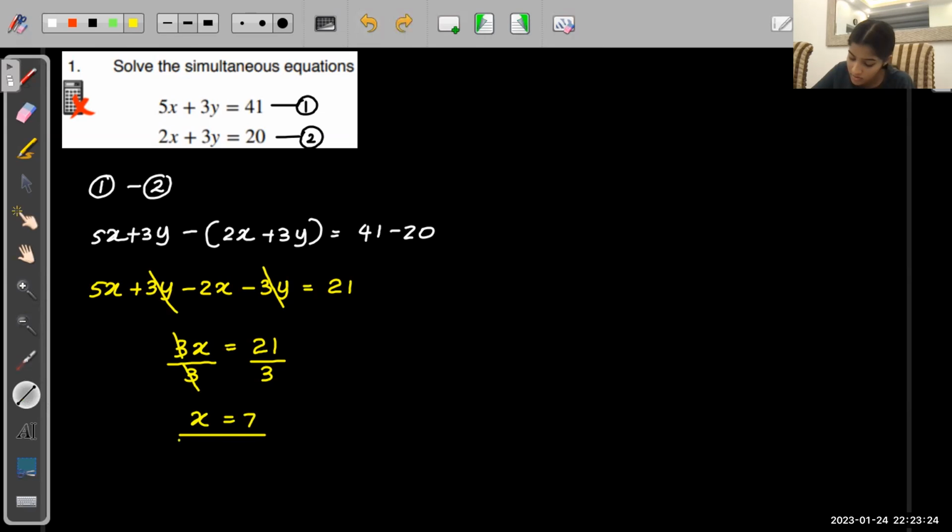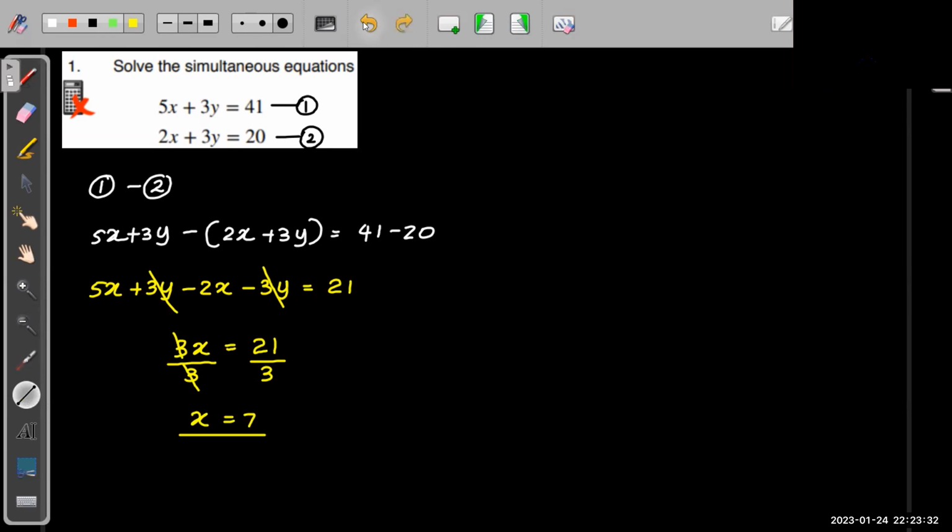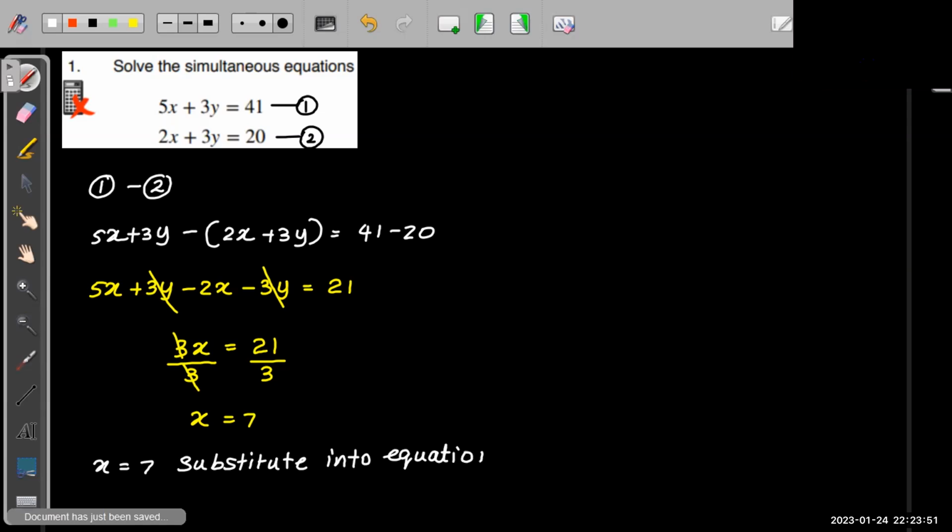Okay, x equals 7. So I cancelled out 3y. Now this is not the final answer. We need to substitute this. Now I'm writing x equals 7 and I'm going to substitute into equation 1.